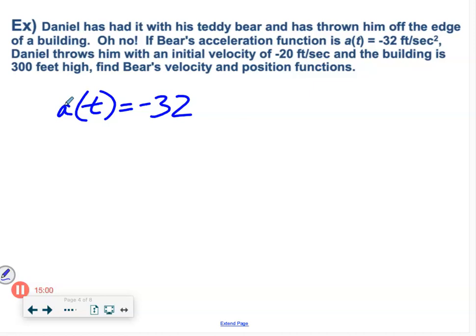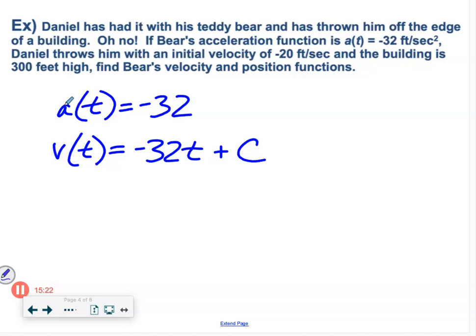Should only take you a second. All right, Tyler, what'd you get for a velocity function? Negative 32t plus c. Wonderful.